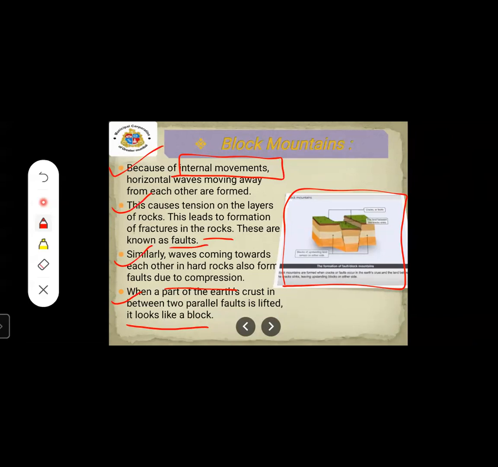Similarly, when the waves are coming towards each other, meaning from this side also the waves are coming and from this side also, when from both sides the waves come together towards each other, at that time compression is formed.